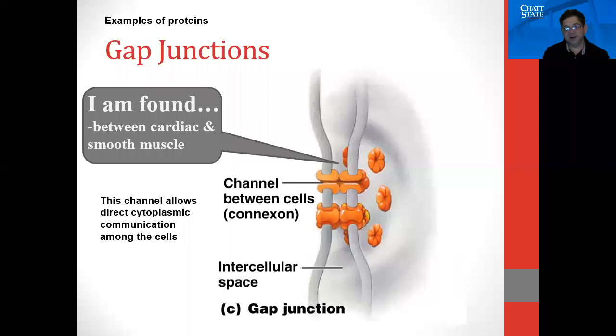Electricity, when it hits the heart, goes completely through the heart, even though it just stimulated a few cells. It's shared all the way around the heart. So the heart is known as a syncytium in that way because the heart can beat as one unit, thanks to these special gap junctions that spread the electrical charge around the heart immediately, and in smooth muscle as well. So know the examples for each of those: gap, tight, and desmosomes.